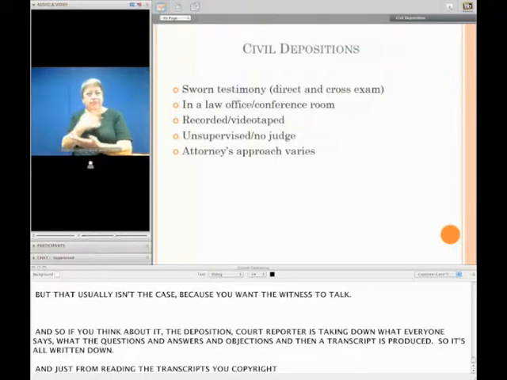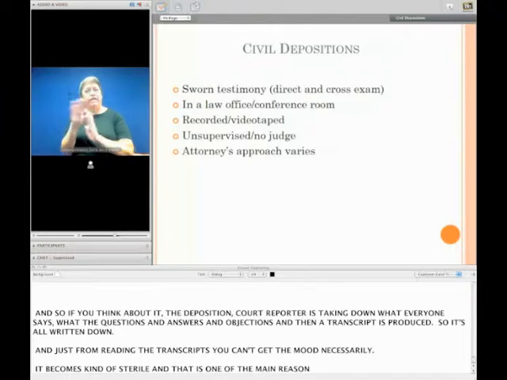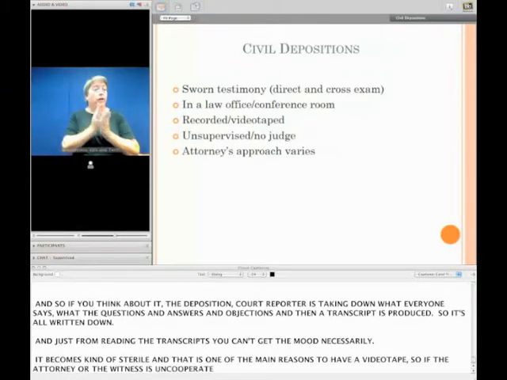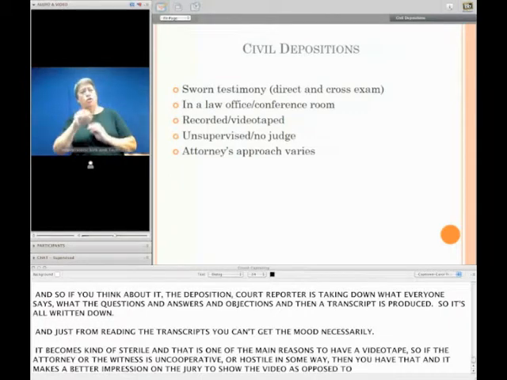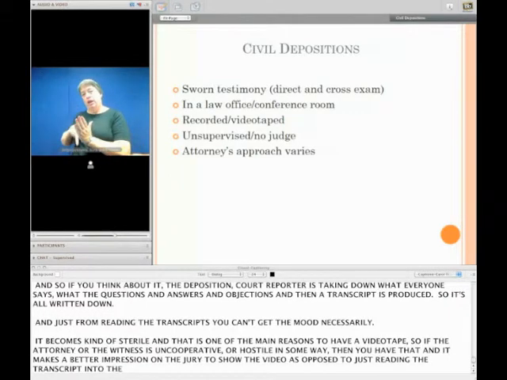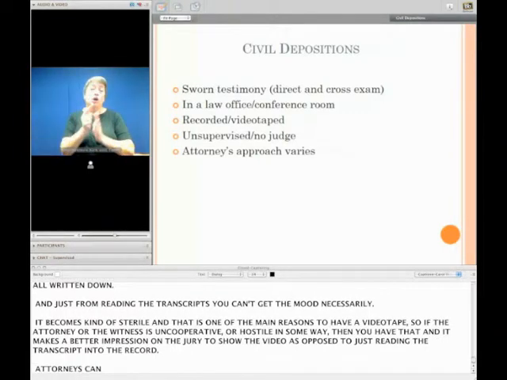It becomes kind of sterile, and that's one of the major reasons to have a videotape, so that if an attorney or a witness is uncooperative or hostile in some way, then you have that, and it makes a better impression on a jury to show the video as opposed to just reading a transcript into the record. Attorneys can derail depositions in a number of ways.